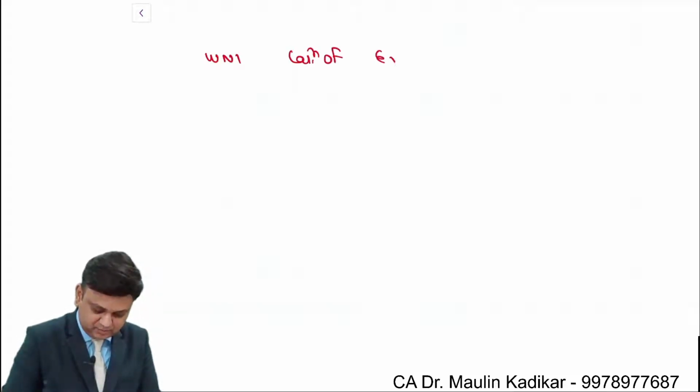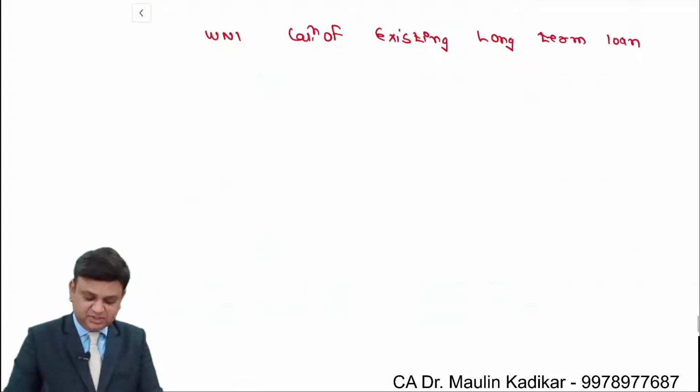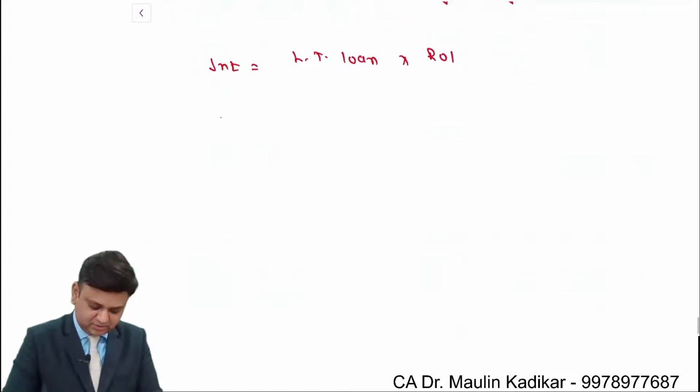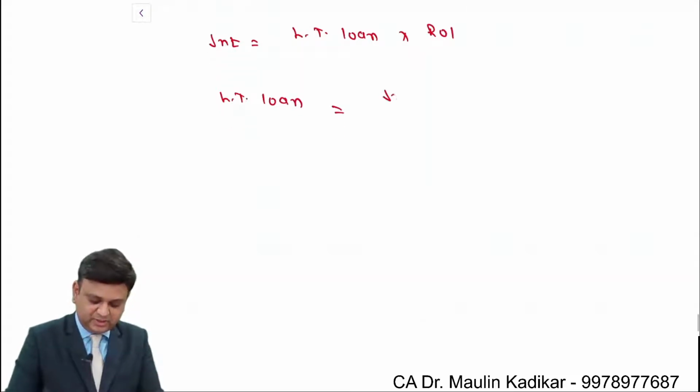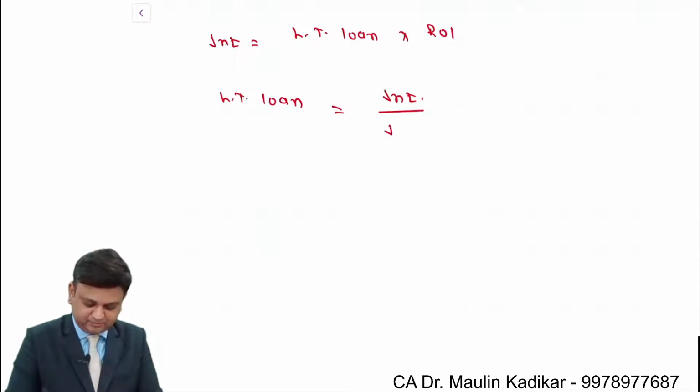Calculation of existing long-term loan. How to make the calculation? Let us see. Interest is equal to long-term loan into rate of interest. So long-term loan is equal to interest divided by rate of interest.